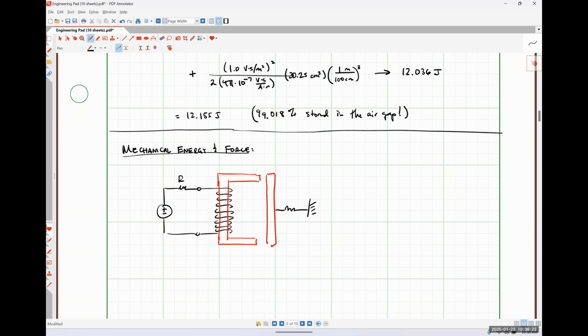And I defined, I believe, the X direction like this. So this is the positive X direction.